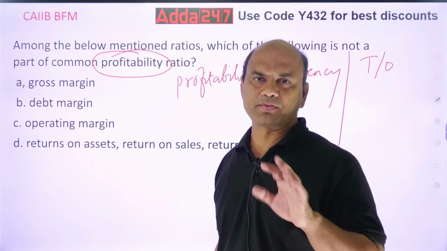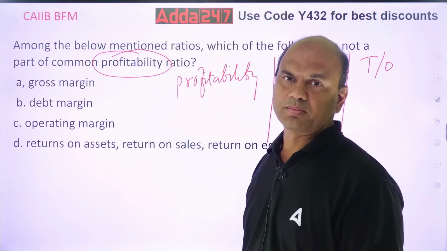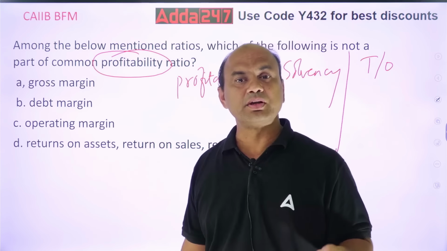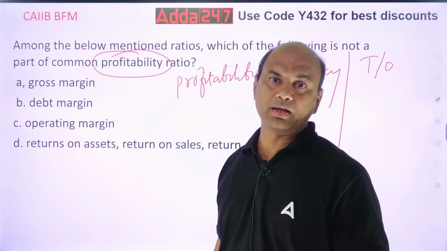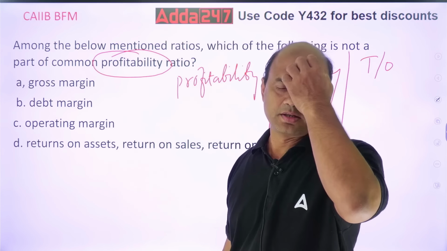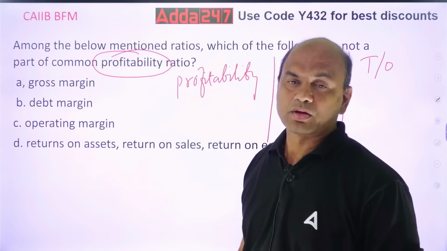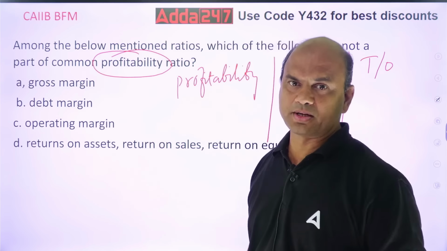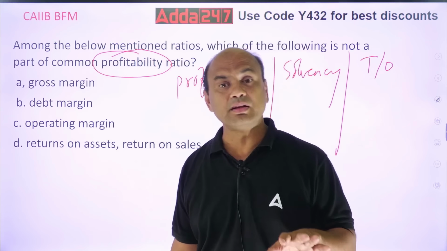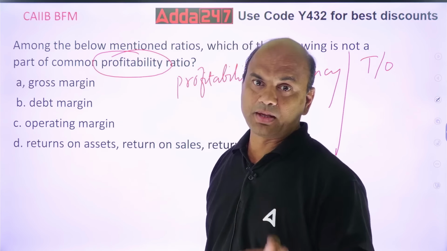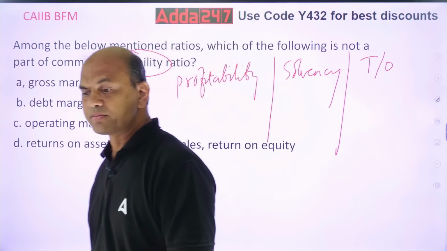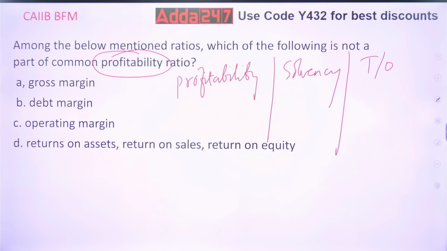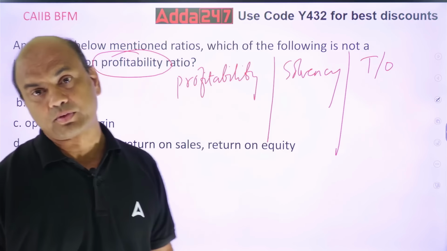Profitability has 5 types of ratios: PE, EPS, gross profit, net profit, and overall profitability.